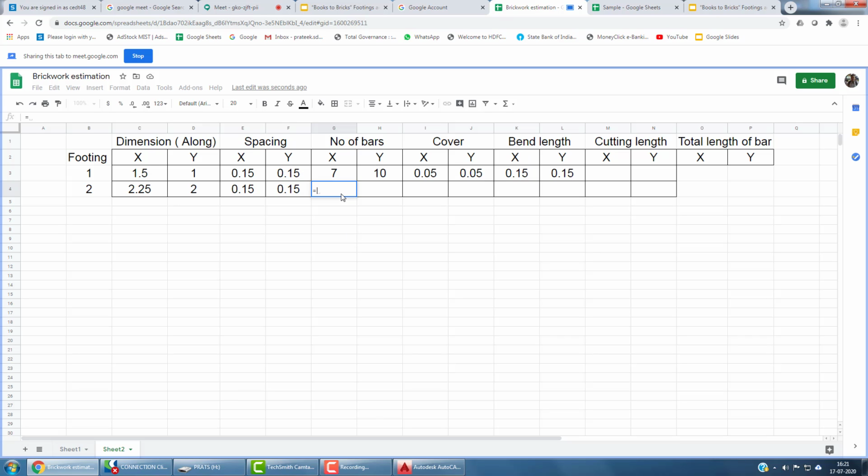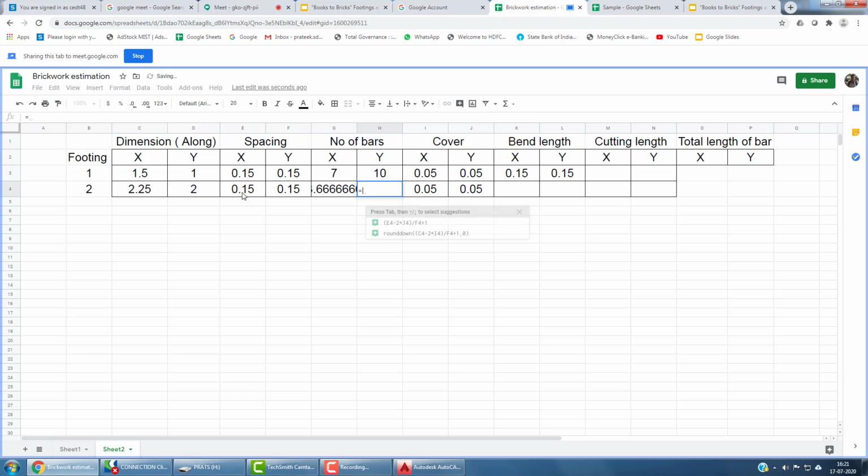Since I'm doing in x direction, E is equal to, bracket open, x direction, so I'll take y dimension minus 2 times of my cover, which I need to mention here, divided by my spacing in x direction plus 1. Correct?